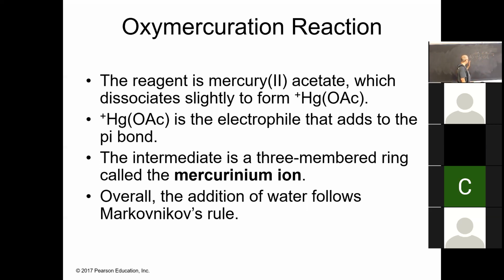So this will dissociate slightly to give acetate and Hg monoacetate plus. That will add to the pi bond, and it forms a 3-membered ring called a mercurinium ion.